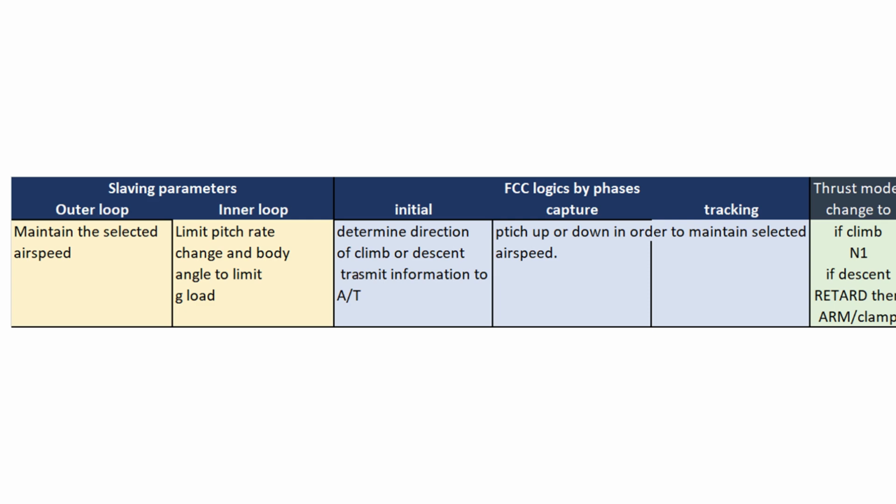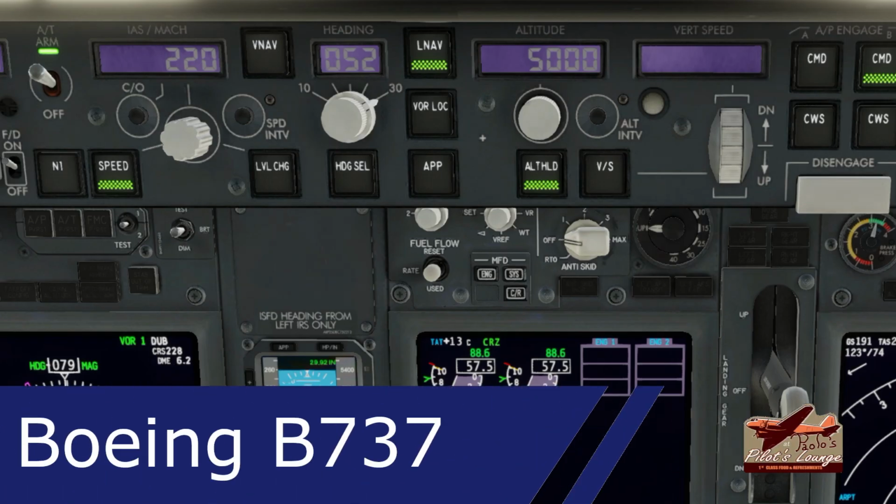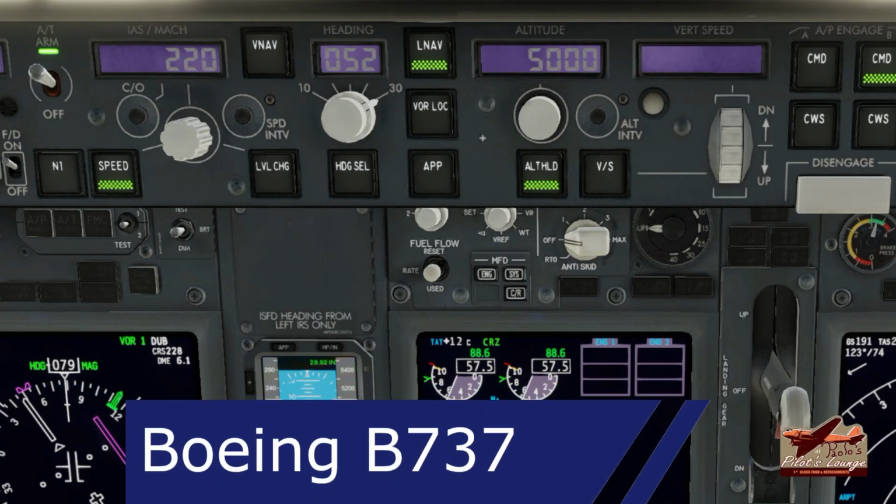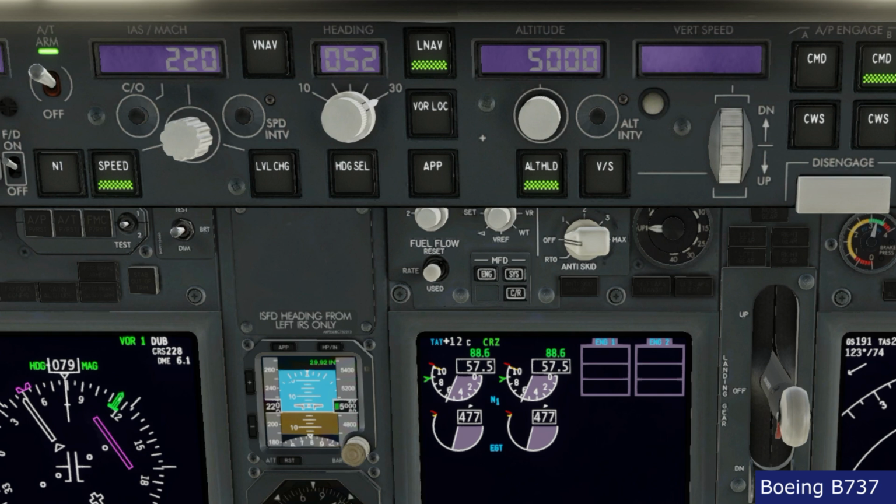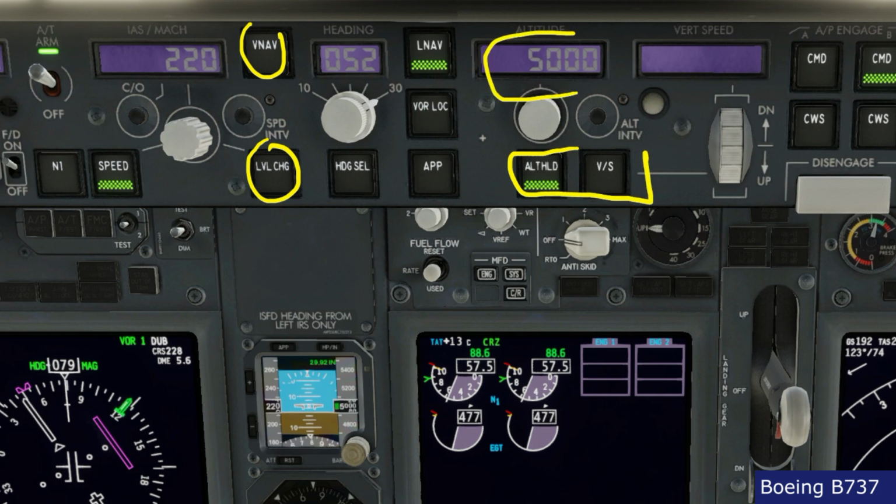the aircraft climbing. The strong relation of the level change mode with the speed is shown by the fact that level change, same as VNav, they are located in the speed area. So this enhances the fact that this is a speed control. While altitude hold and vertical speed, they are located in the altitude area of the mode control panel.